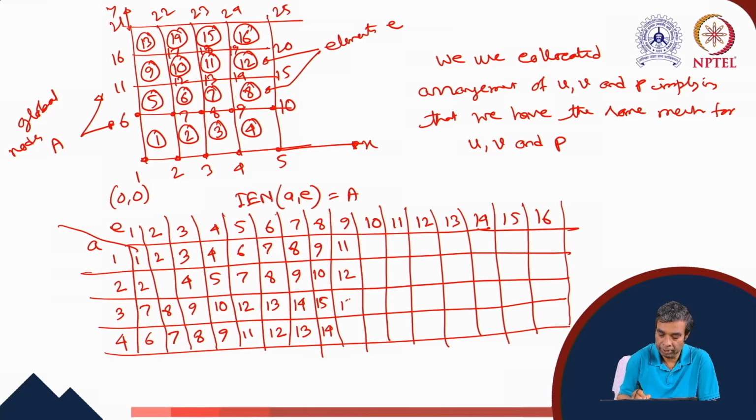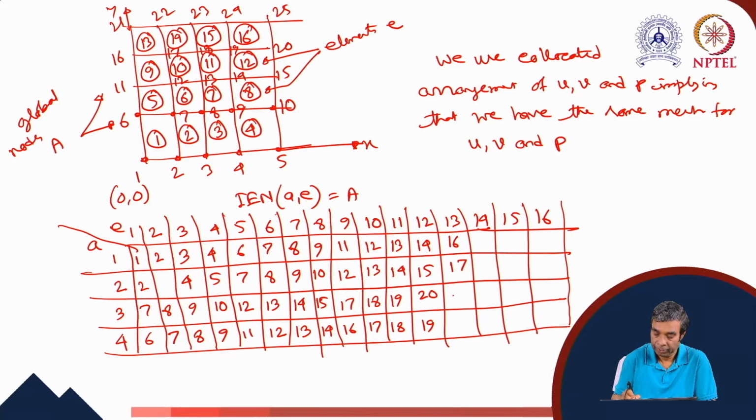Followed by 12, 13, 18, 17. Followed by 13, 14, 19, 18. Then 14, 15, 20, 19. Then for the 13th element, it is 16, 17, 22, 21.